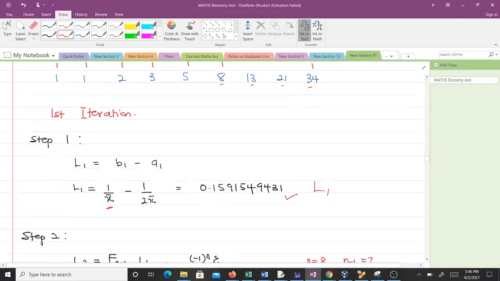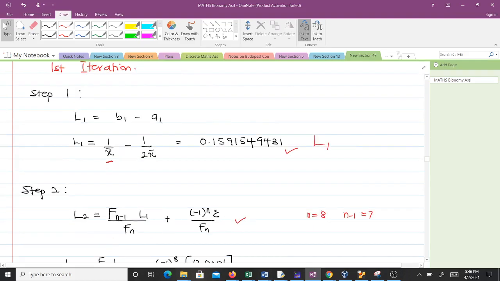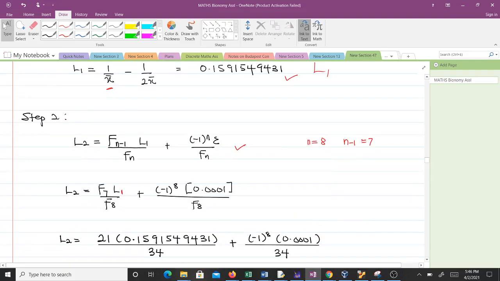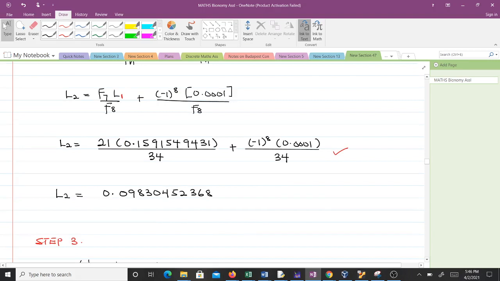And from the Fibonacci numbers that we constructed, our F7 is 21 and our F8 is 34. So we can make that substitution and we'll have this. Okay, and computing this will give us L2 to be 0.09830452368.